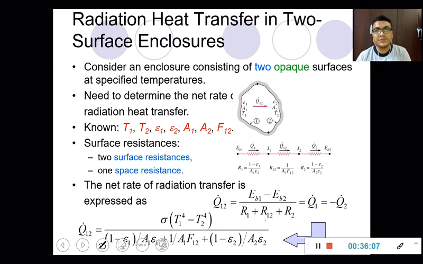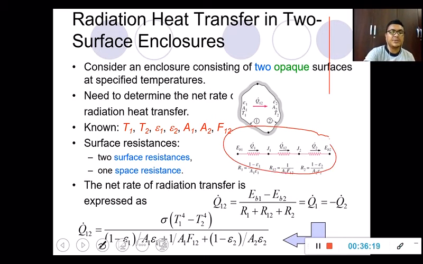So for heat transfer, again, you see that we need to know the thermal resistance network. What is the formula we want to find? The net rate of radiation.